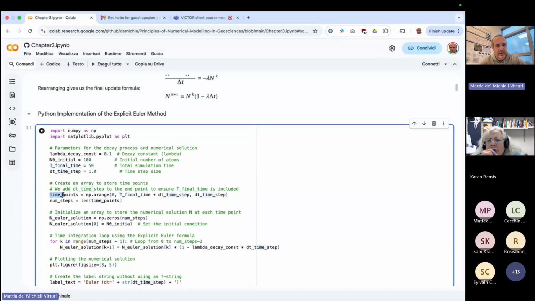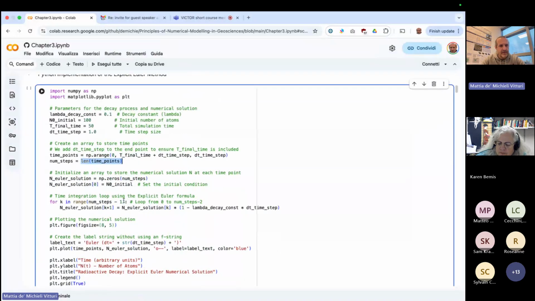So now we have an array of discrete times. Then we use the Python function len to look at the number of time steps that we have created. Now we also want to initialize an array for our discrete solution, which will represent the number of atoms at each time step.